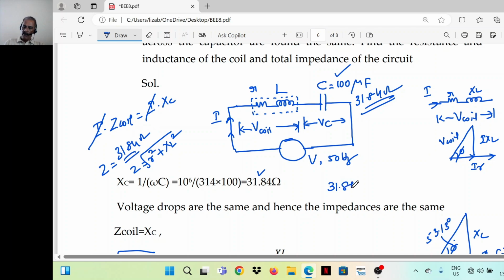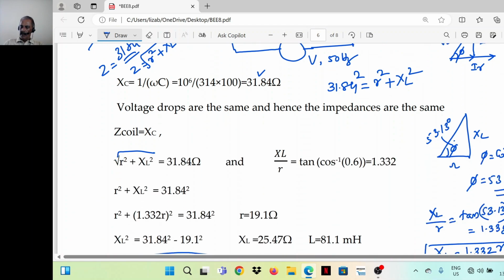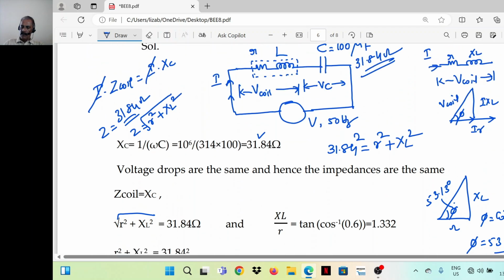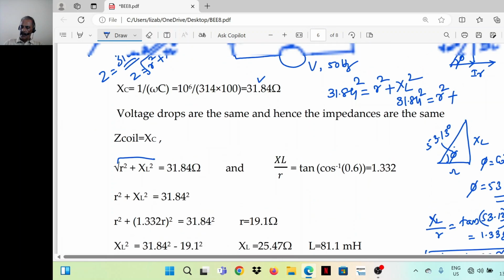So 31.84 square is equal to R square plus XL square. And here we got another relation, XL is equal to 1.332 R. So 31.84 square is equal to R square plus 1.332 square into R square.